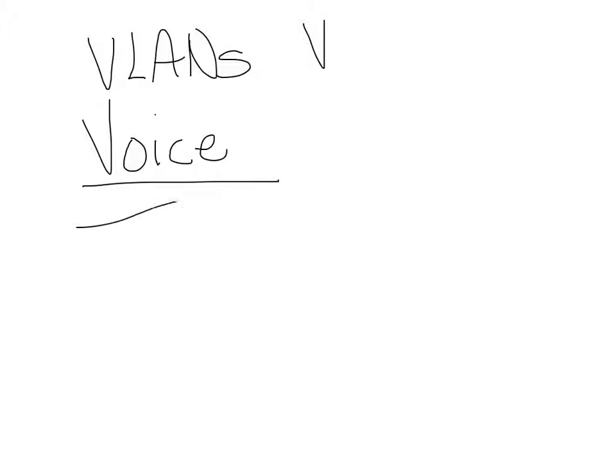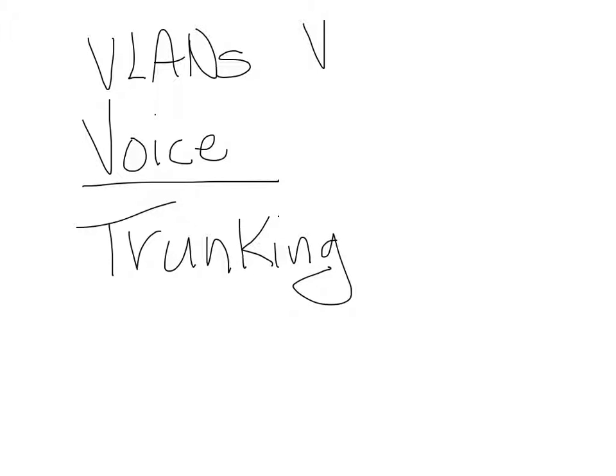We just talked about how important trunking is, and a big issue there is if you have an older Cisco switch that runs ISL tagging. That's an older method of tagging.